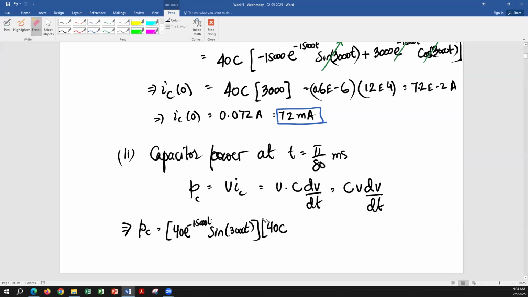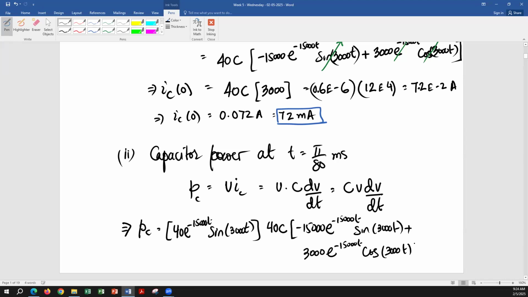We put 40C outside: 40C, and then negative 15,000 e to the power negative 15,000 t sine 3,000 t plus 3,000 e to the power negative 15,000 t cosine 3,000 t. So this will be the expression for the capacitor power, voltage times capacitor current.